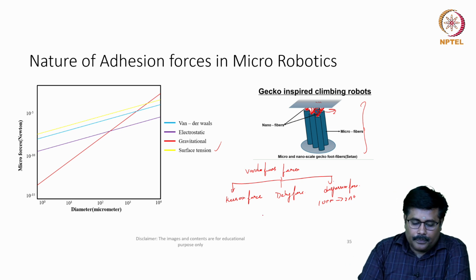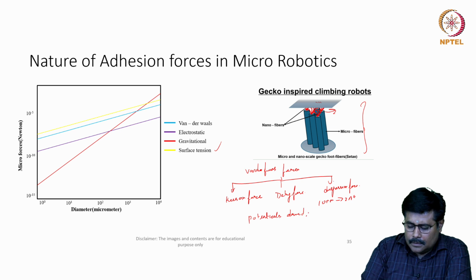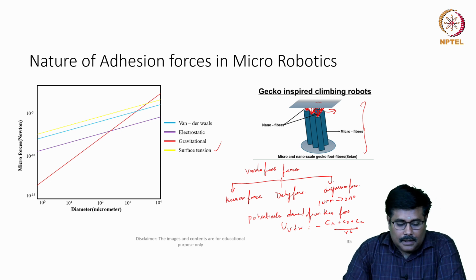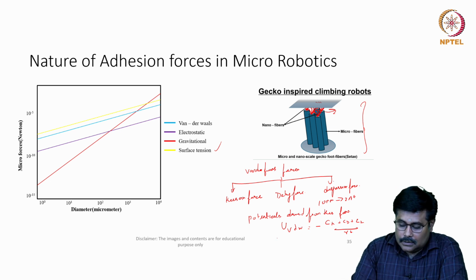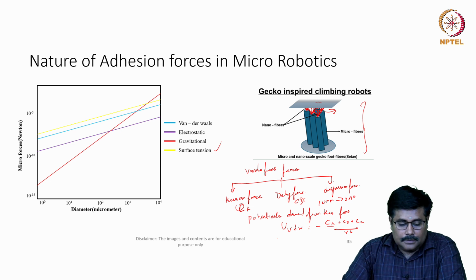So if we look into the overall configuration of the force, the potentials which are derived from these forces can be represented as U_vdW, which is minus (C_K plus C_D plus C_L) by r^6, where these three parameters represent: C_K represents the Keesom force, C_D the Debye force, and C_L the dispersion force.